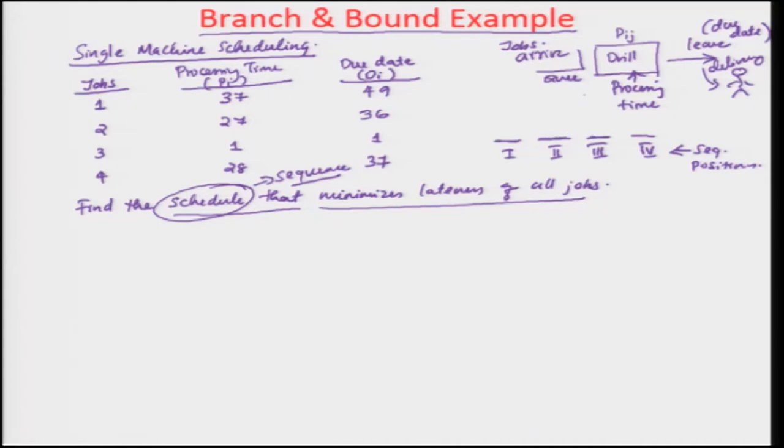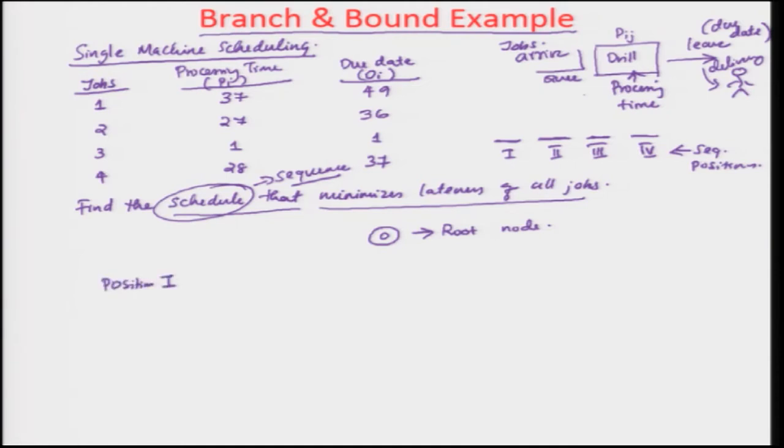So, you can solve it as a discrete optimization problem as well, or you can use branch and bound to solve the case. One way to think about this problem is that you can think about it as a tree search. So, if you call this 0, let us call this the root node for the time being, and let us call this position 1.